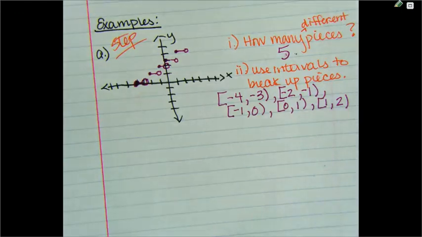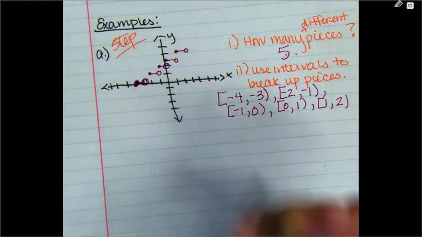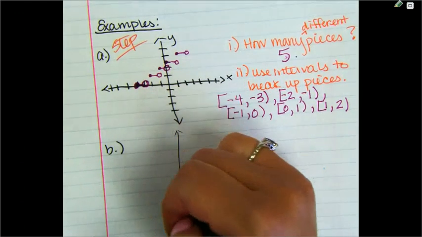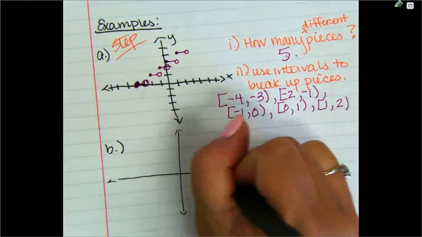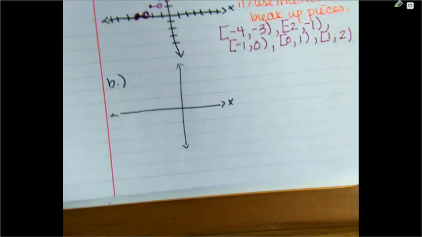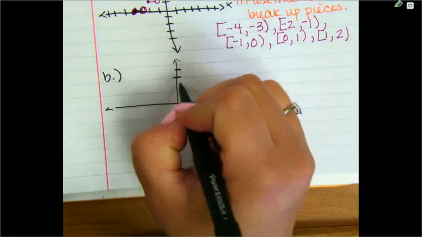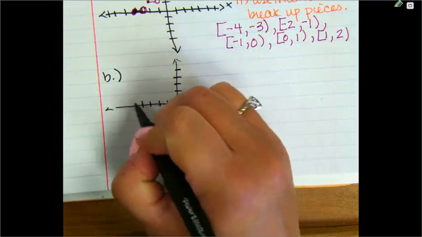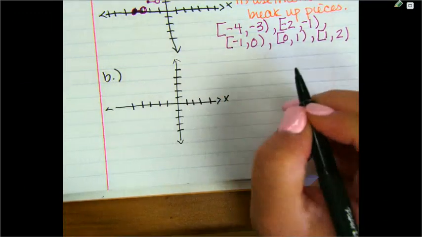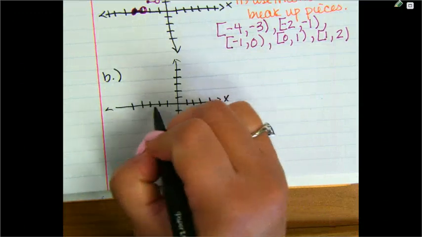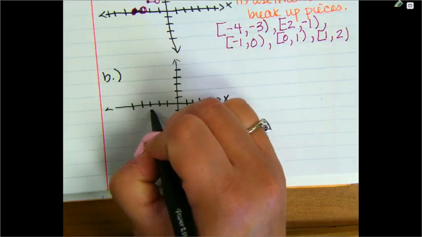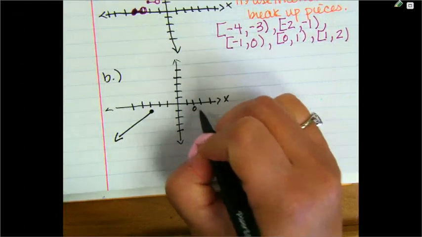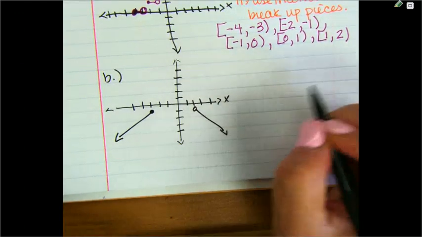Okay. Let's do one more of this. Oops. Super small. Negative 3, 1, negative 1, 2, this one.